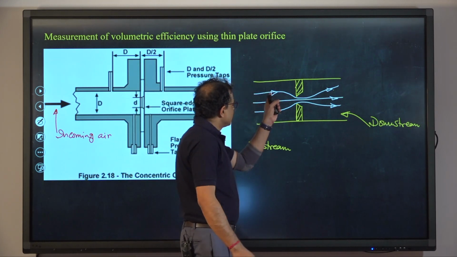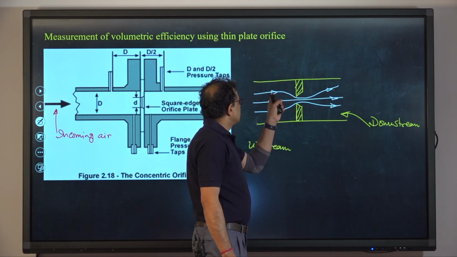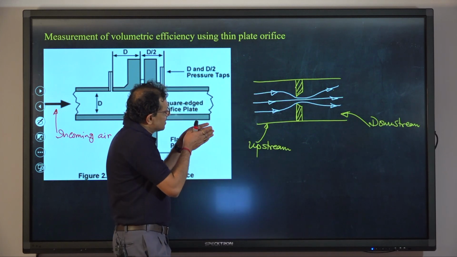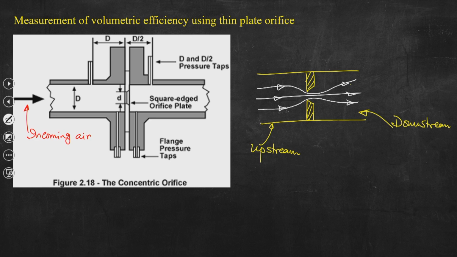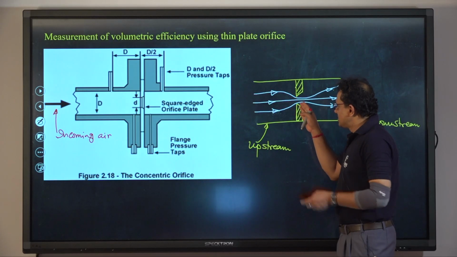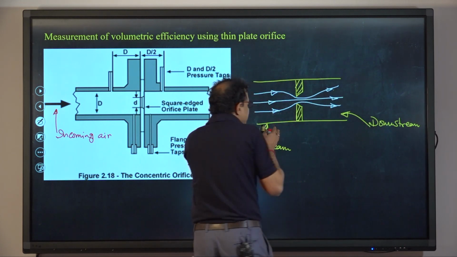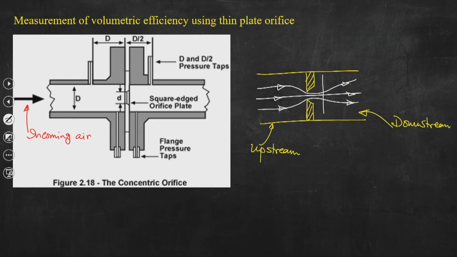When the flow is approaching this orifice, the streamlines will try to converge, and the converging will continue until this location, if we call it CC. After that, the streamlines will again diffuse.